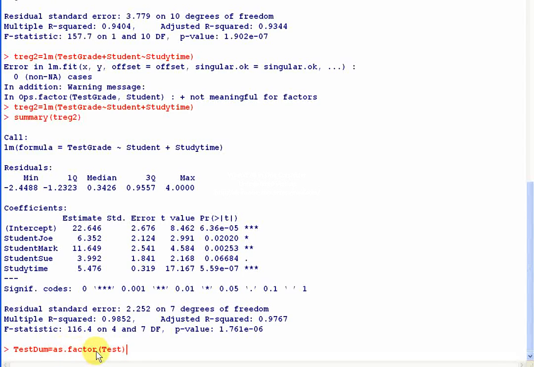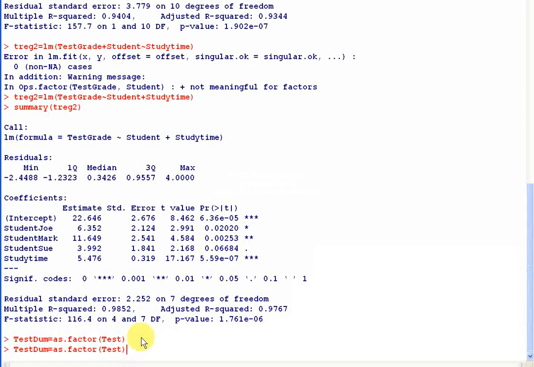Now we can run a third regression. This is going to be a regression with time period fixed effects and individual specific fixed effects. So plus study time plus test dummy variable. And now let's look at those results.